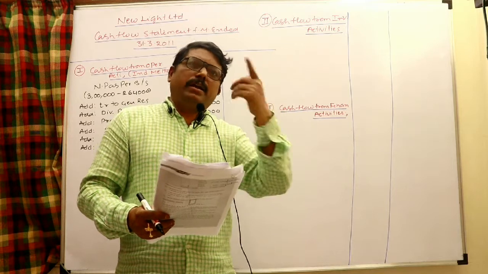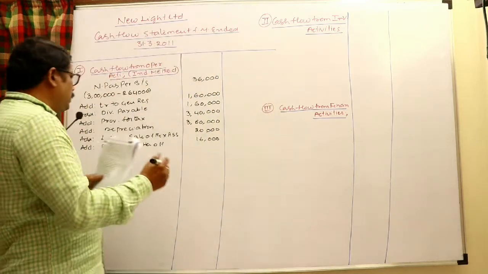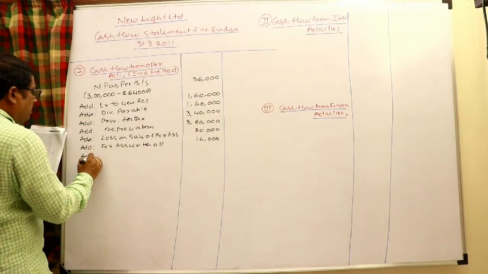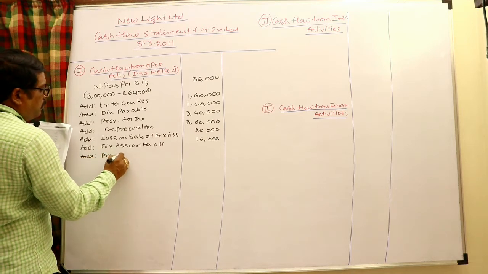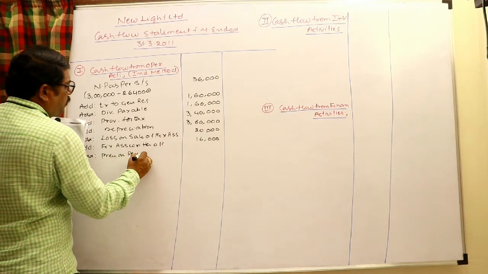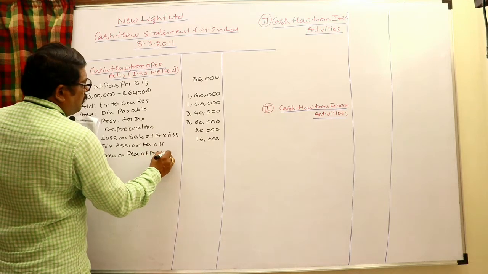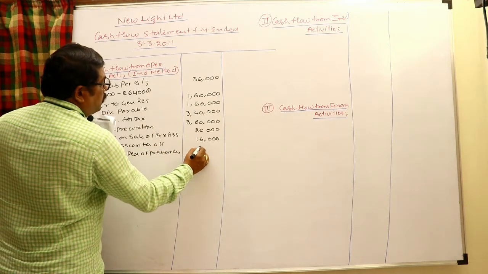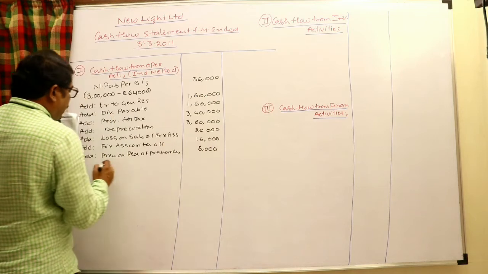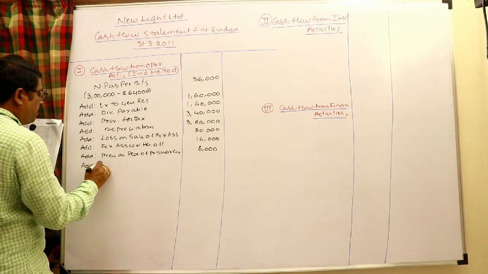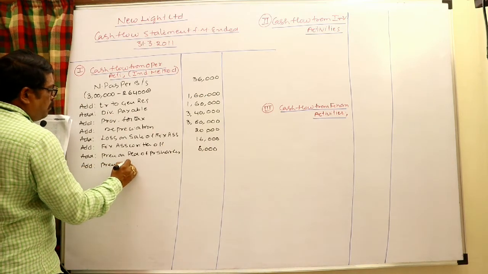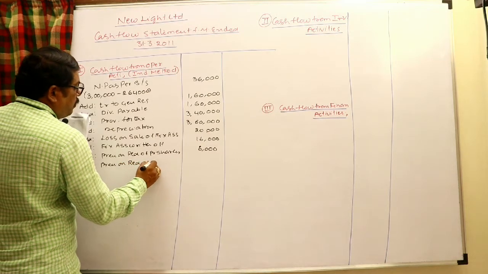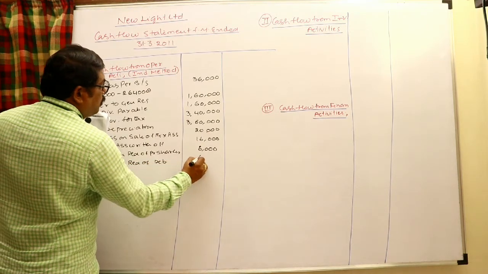So they should be added back and shown as financing activities. Add back premium on redemption of preference shares 6,000. Add premium on redemption of debentures 6,000.